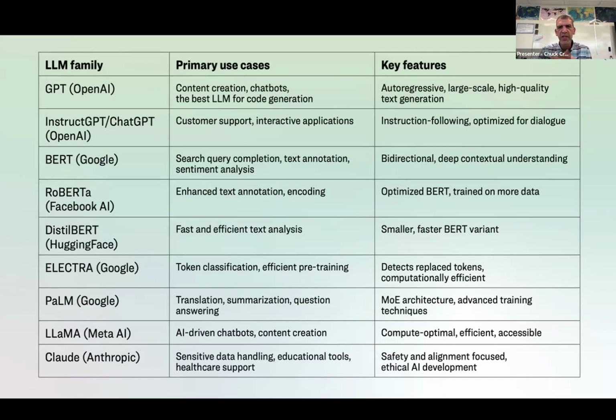But the key is that each one of these LLM families is designed to do different pieces of work, and that's what people don't understand. We think ChatGPT because that's what we have access to. Well, that's OpenAI, and there are a lot of things that do it better. Perplexity is probably one of those.